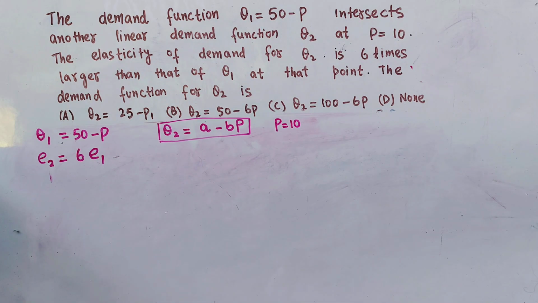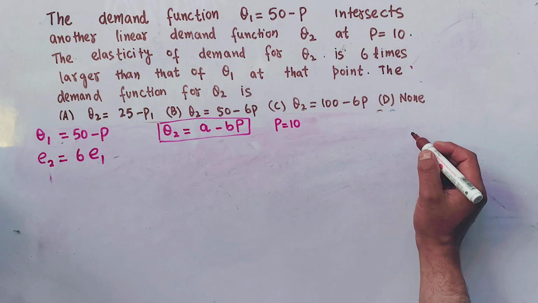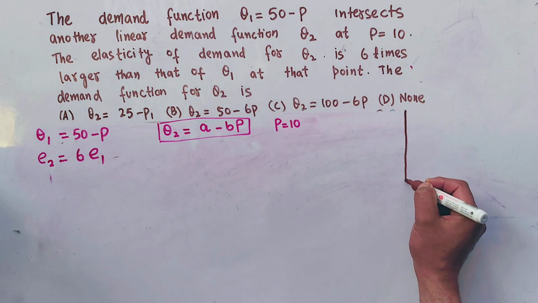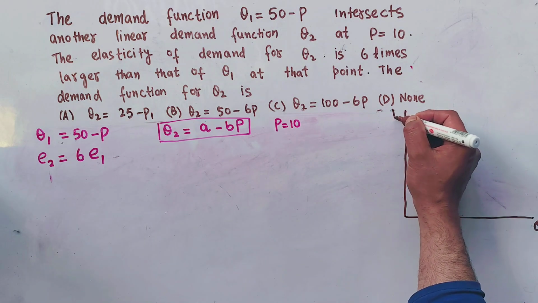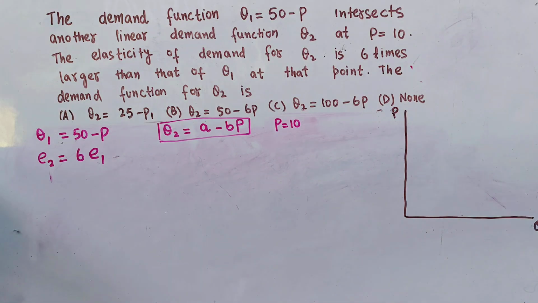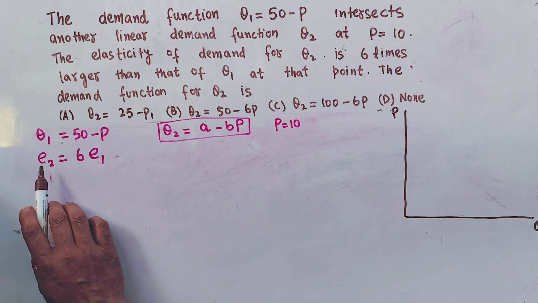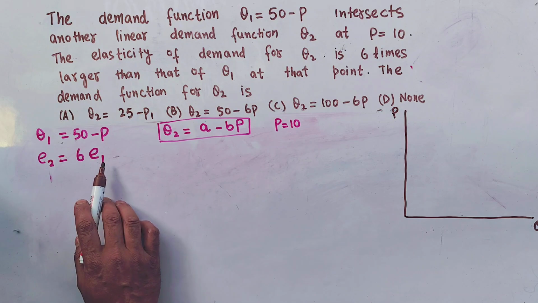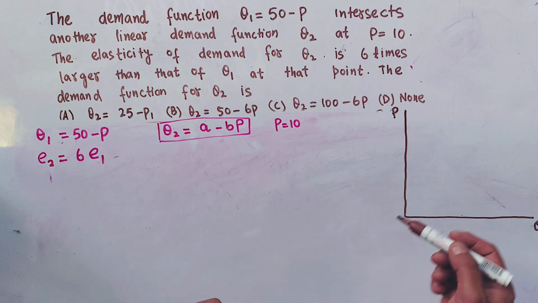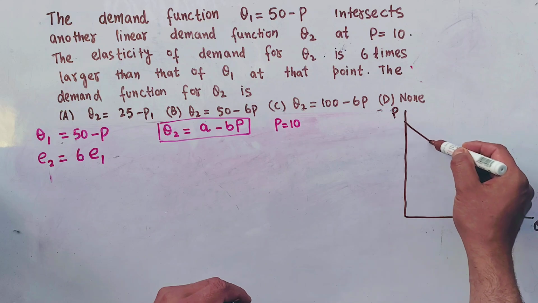So let me try to draw a simple graph here to explain. We have quantity Q on the horizontal axis, and P on the vertical axis, that is price. The elasticity of demand of Q2 is 6 times greater than Q1, and they intersect with each other. Let me draw the two demand functions.